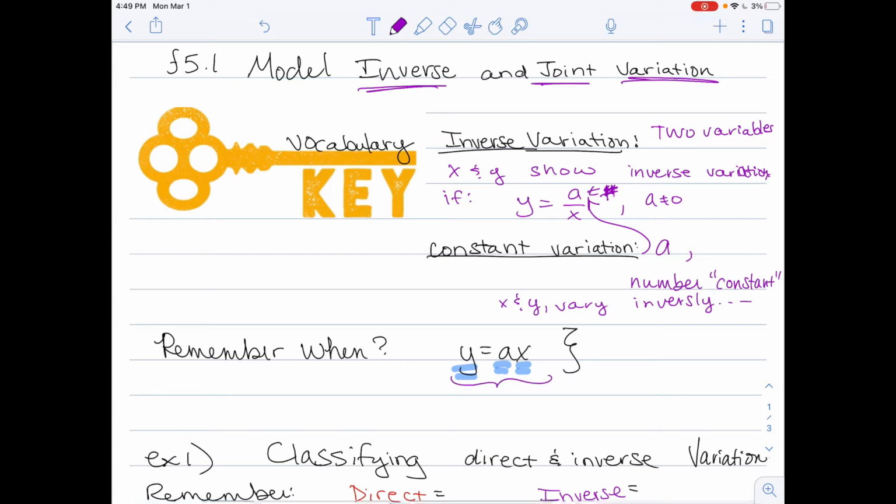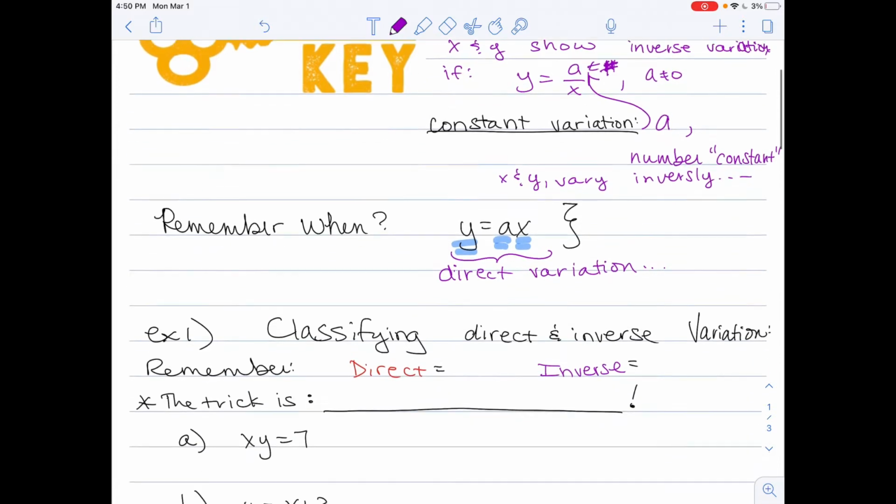This that we learned before is called direct variation, sorry, not joint, direct variation. As you buy more, the cost increases. Other examples: your GPA can go up as you study more or spend more time on work.